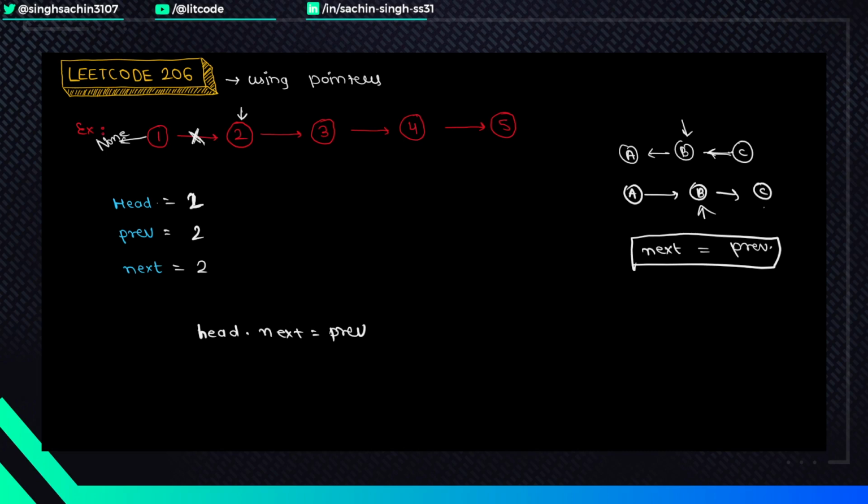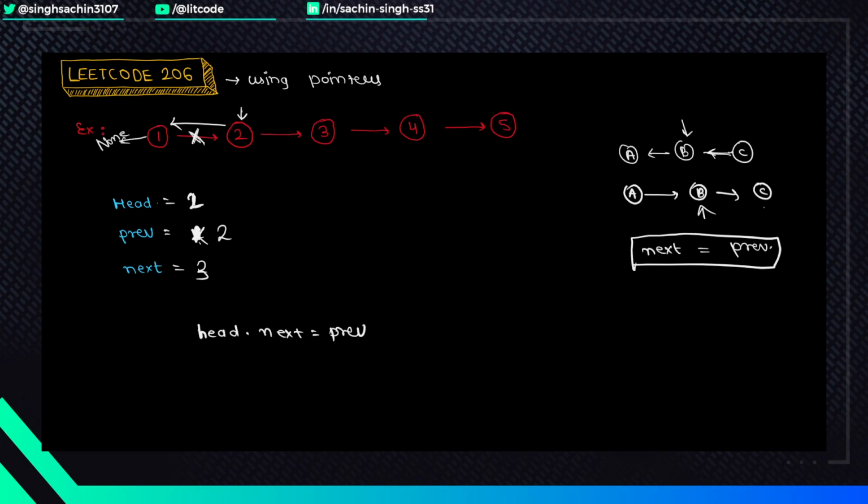Previous was 1, because 1 was coming before 2. So previous is 1, head is 2, and next is 3. We'll do the same again: we change head dot next to previous, which is 1.